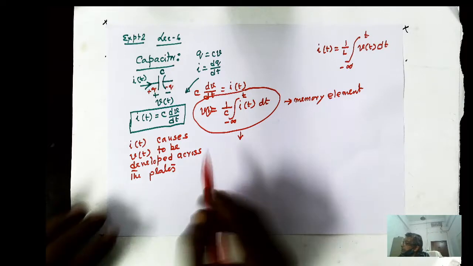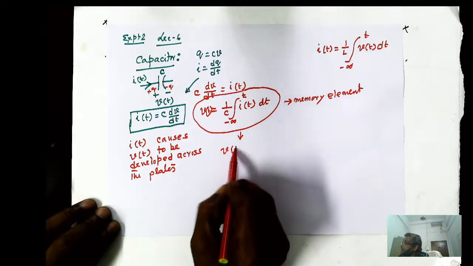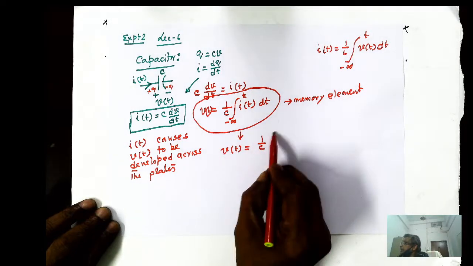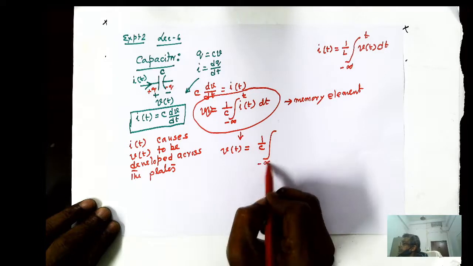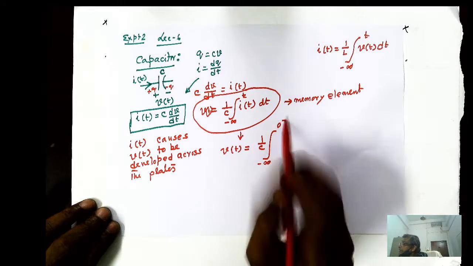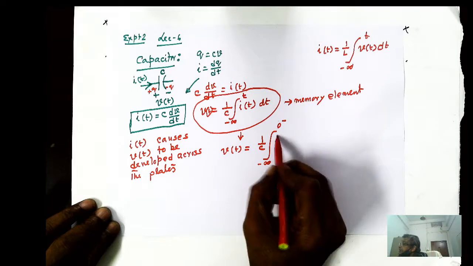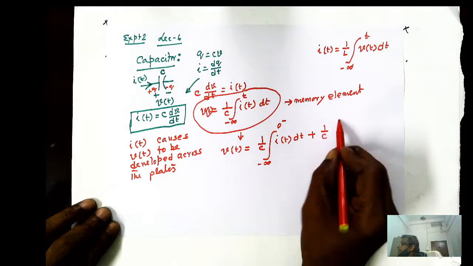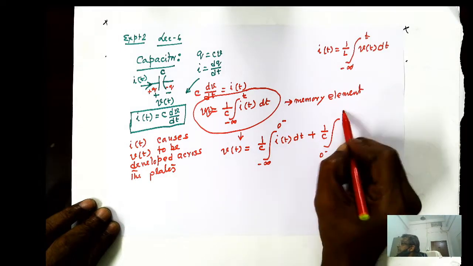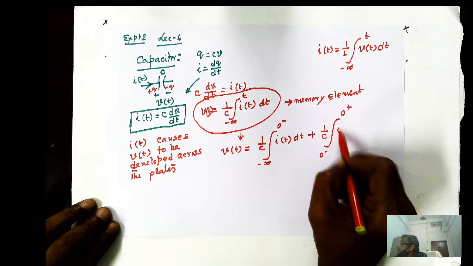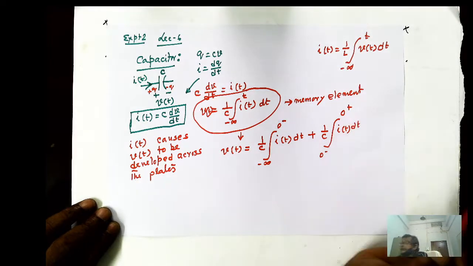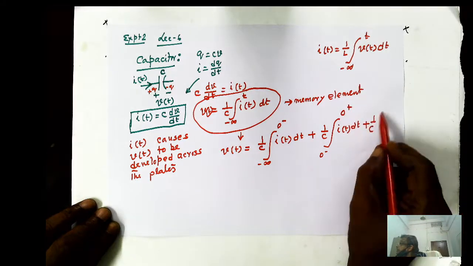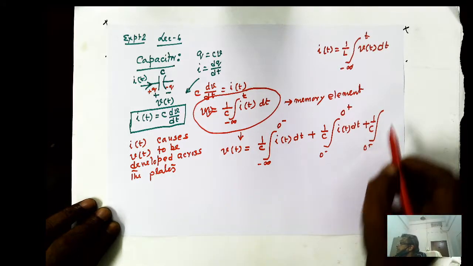Therefore, this equation, in the same way as we did in case of an inductor, can be broken up into three pieces. For example, I can write it as minus infinity to 0 minus, i(t) dt, then from 0 minus to 0 plus, i(t) dt, and finally plus 1 over C, 0 plus to time t, i(t) dt.